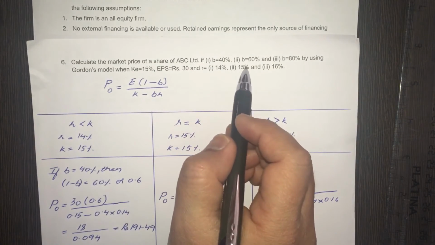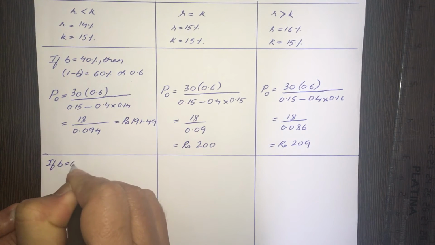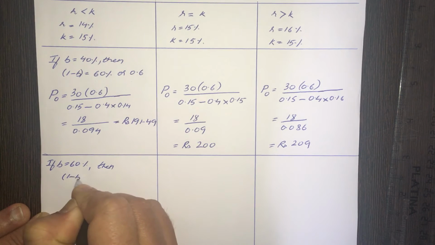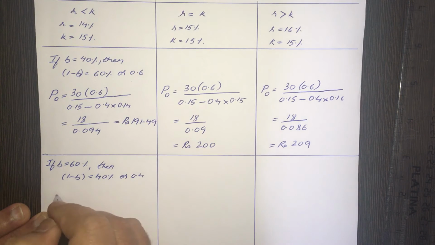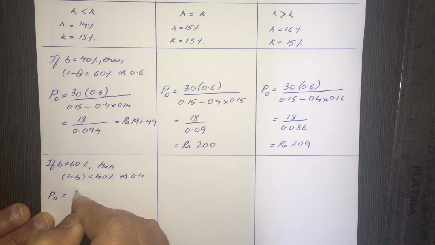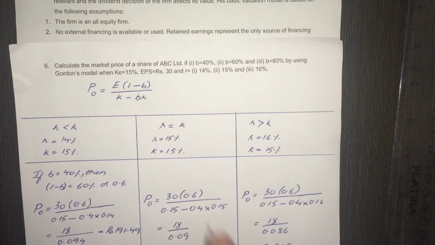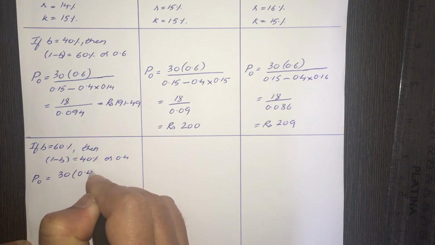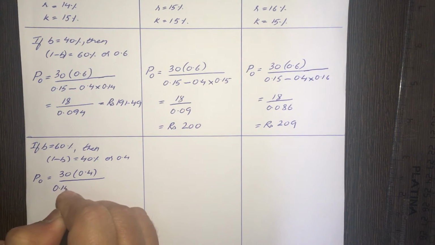All right. Now, second instance, if B is 60%, then 1 minus B will be equal to 40% or 0.4. So P0 is equal to 30 into 1 minus B, which is 40%, so 0.4, divided by 0.15.